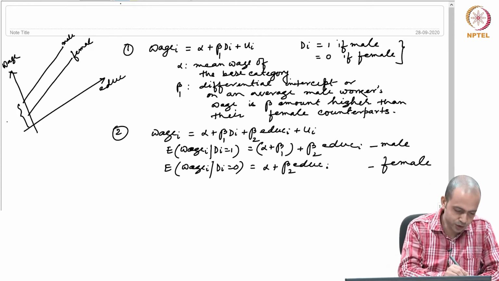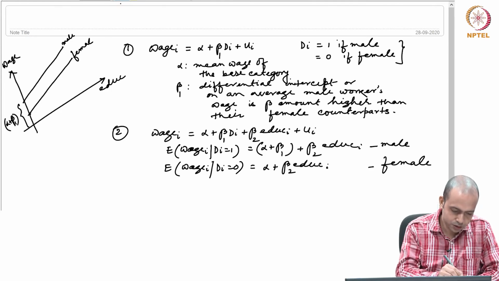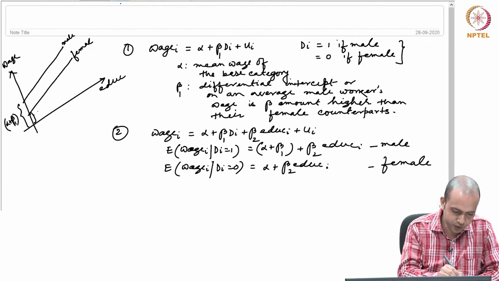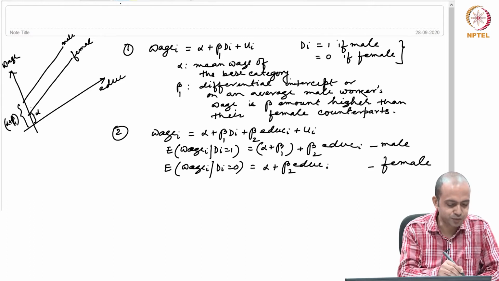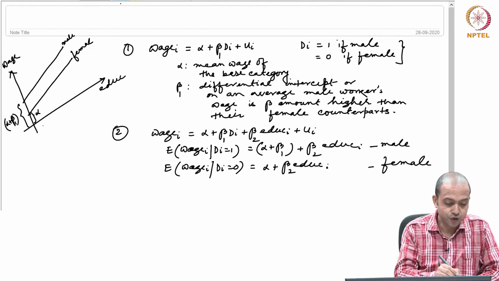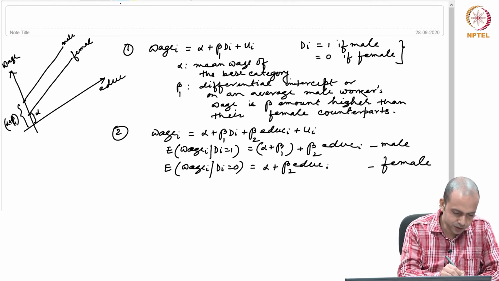Alpha plus beta 1, and this is simply alpha for the female. So, beta 1 is basically the differential intercept, and this difference is basically beta 1.